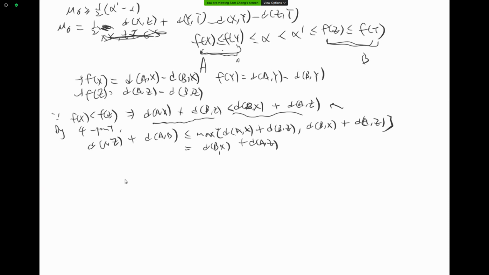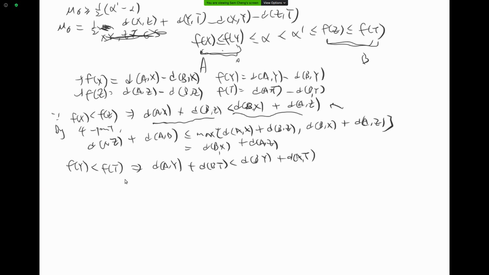Basically, since I have fy less than ft, and if I also write down ft is equal to dat minus dbt here, then this will give me something like day plus dbt is less than dby plus dat.